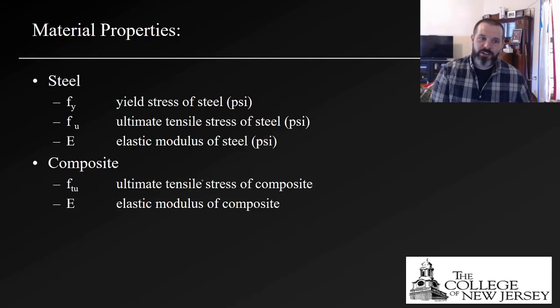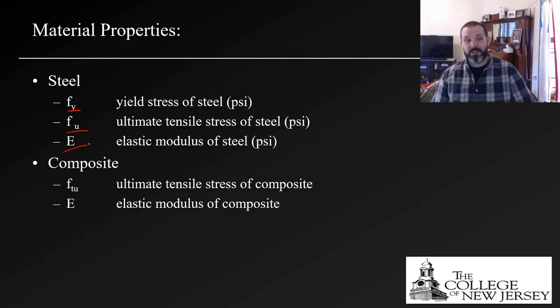Simpler than reinforced concrete design is steel design. When you look at steel design, you really only think of three things. You look at the yield stress of the steel, the ultimate tensile stress of that steel, and the elastic modulus of steel, which is still 29,000.